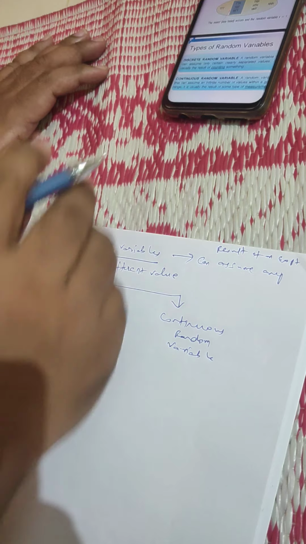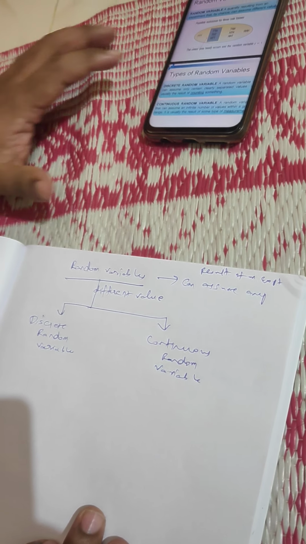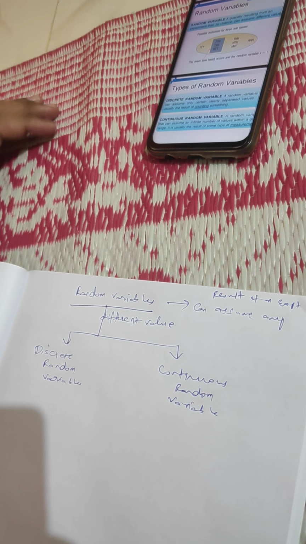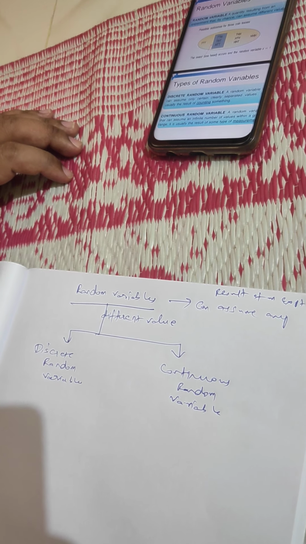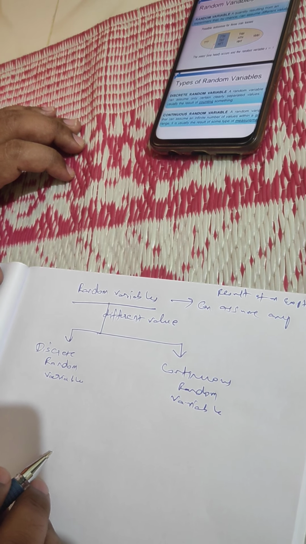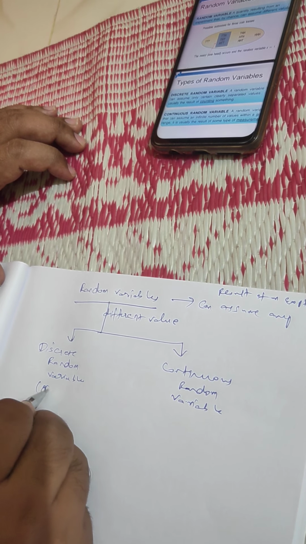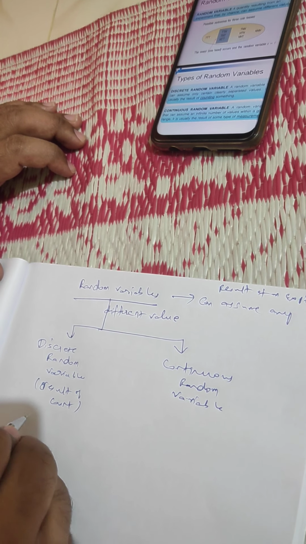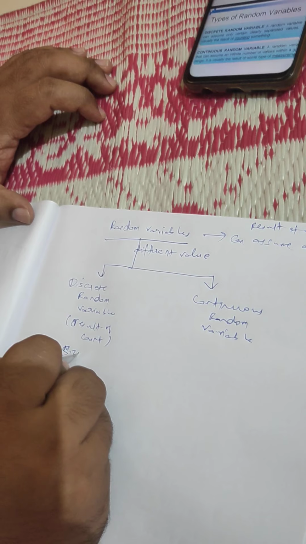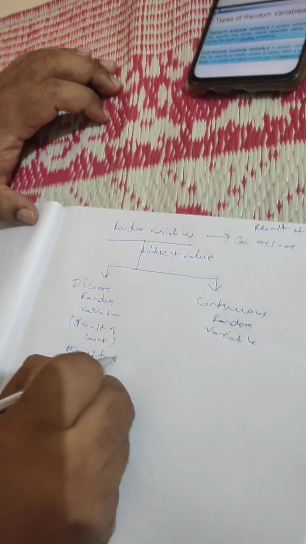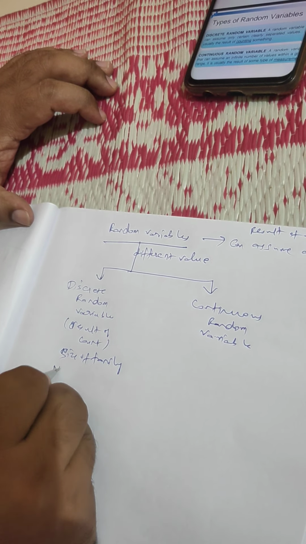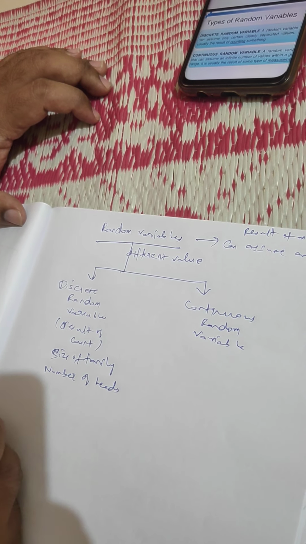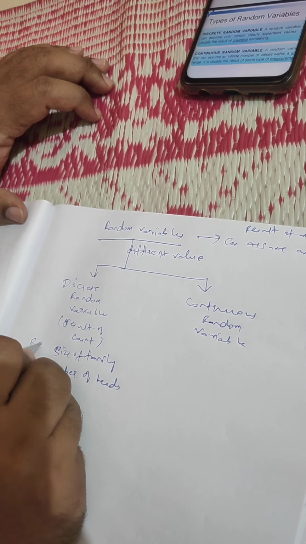So a discrete variable is a variable which can assume only clearly separated values, usually the result of counting something, the result of a count, like size of family, number of heads, etc. These are examples.